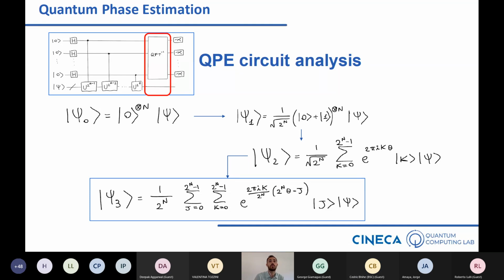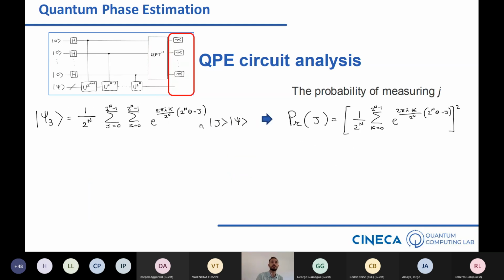Then you have this state, the state at the end. You can see this again as a superposition state where the basis states are these, the superposition is over j, and this term here is the probability amplitude.